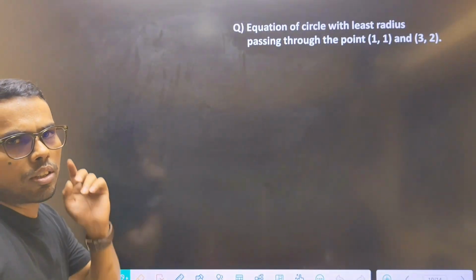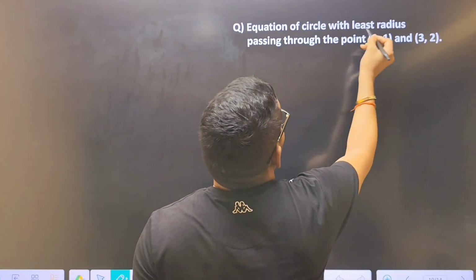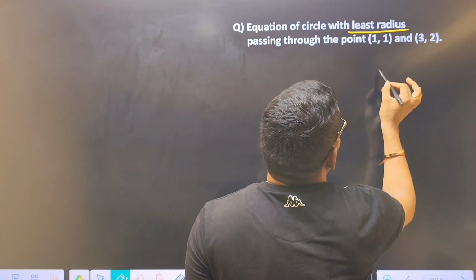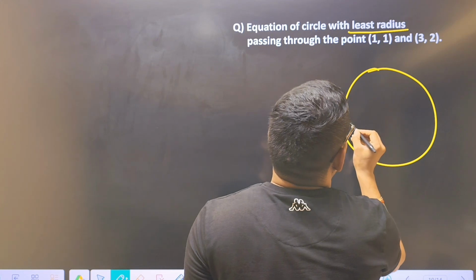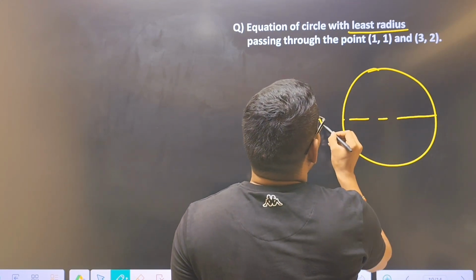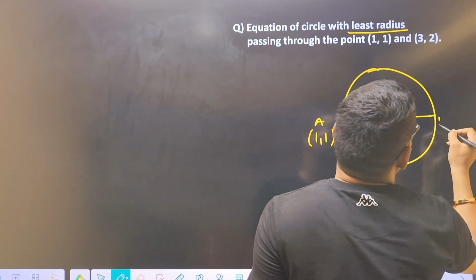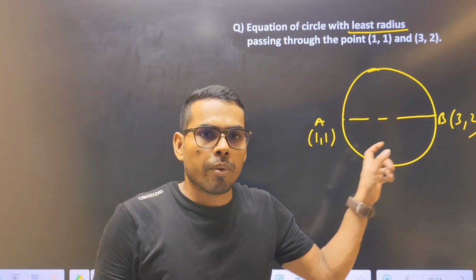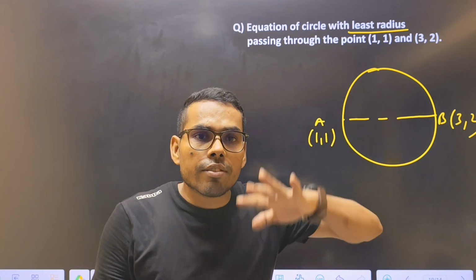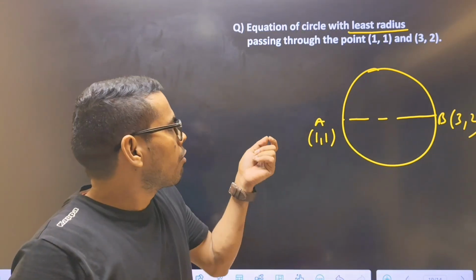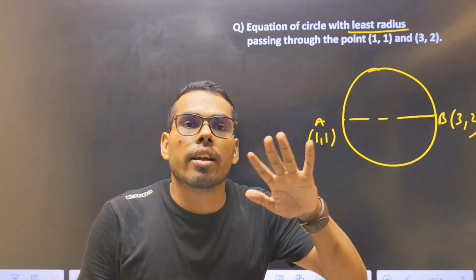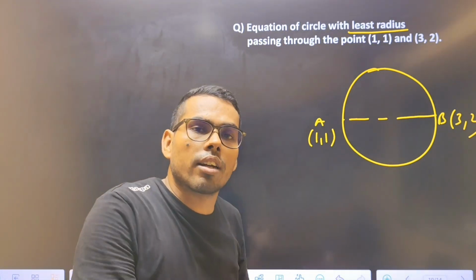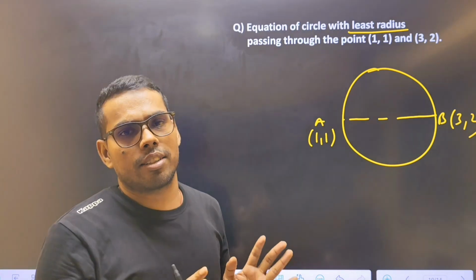Now solve one question. What is given? Find the equation of the circle with least radius passing through the points (1, 1) and (3, 2). Simply try to understand: this is A (1, 1) and this is B (3, 2). From two points infinite circles can pass, but out of those we have to find the circle that has the least radius.